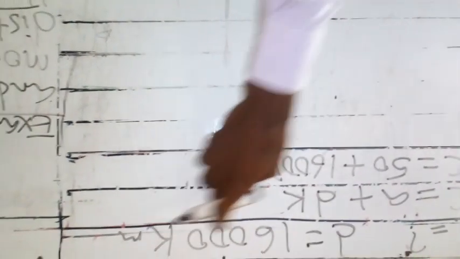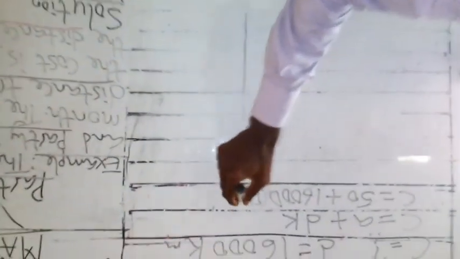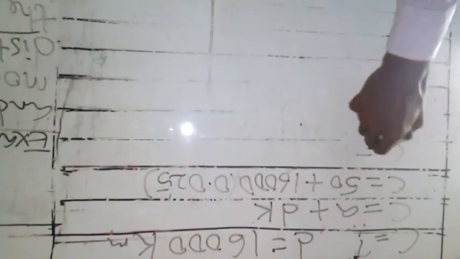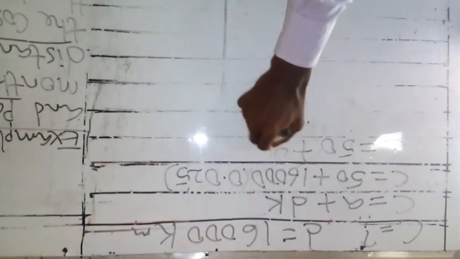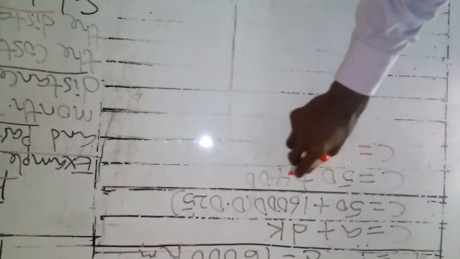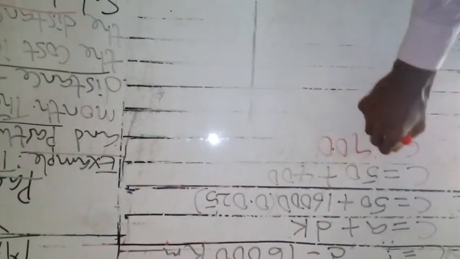Now this is C. Our A is 50. Then our D is 16,000. What is our K? Our K is 0.025. Then C is 50. Then 16,000 times 0.025 will give us 400. I hope you are seeing how to get the first question. Then our C is now going to be 50 plus 400, that is 450 naira.